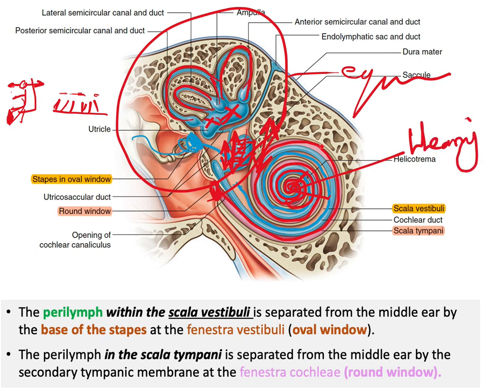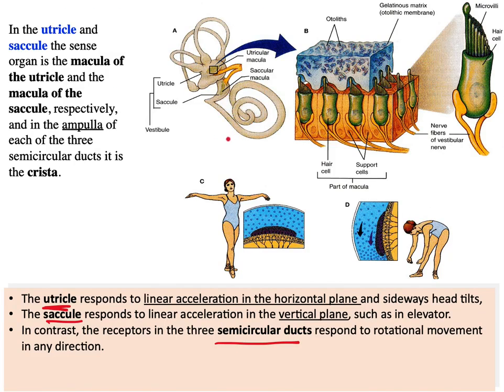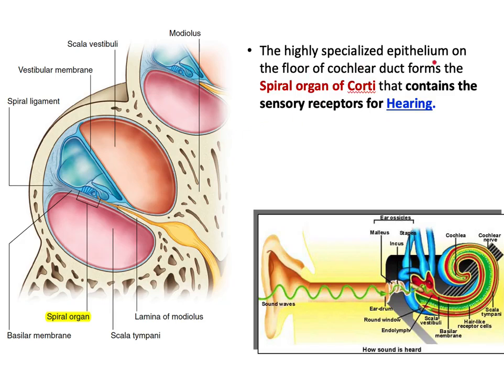That means the inner ear is responsible for hearing by the cochlea, and equilibrium by the utricle, saccule and semicircular canal. So as I mentioned, in the cochlea you have a spiral organ or organ of Corti that contains the receptor for hearing.